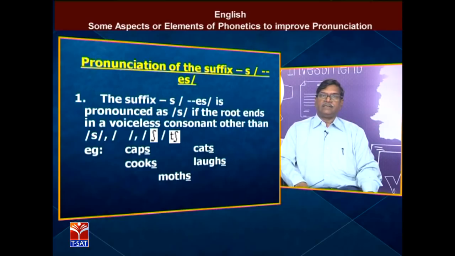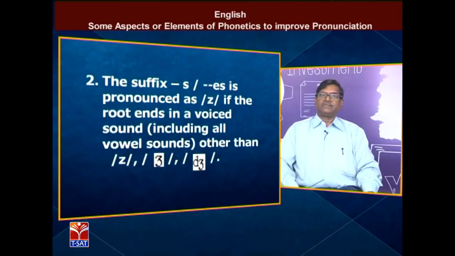And then the suffix plural marker is pronounced as z if the root ends in a voiced sound, including all vowel sounds also, but other than z, zh and j. If the word ends with any voiced sound other than these three sounds.